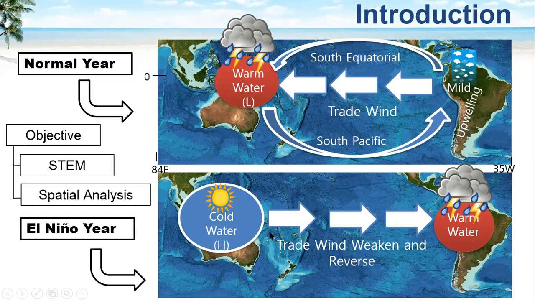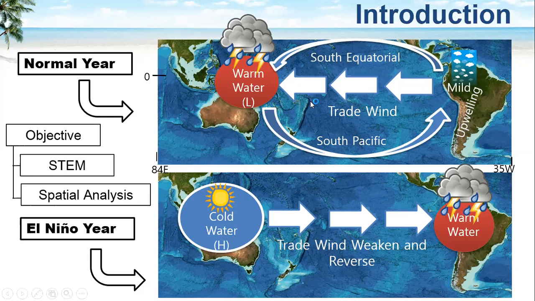Meanwhile, in the Indonesian archipelago, because of cold water and less evaporation in the ocean, it might contribute to clear sky over the Indonesian archipelago. So we tend to find forest fires during El Nino because of the high temperature at the surface in the Indonesian archipelago.